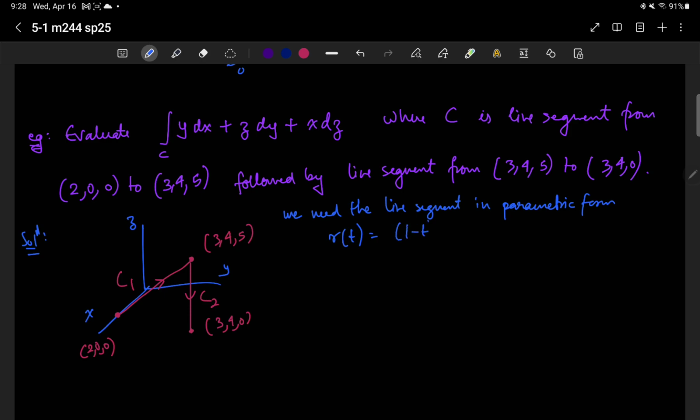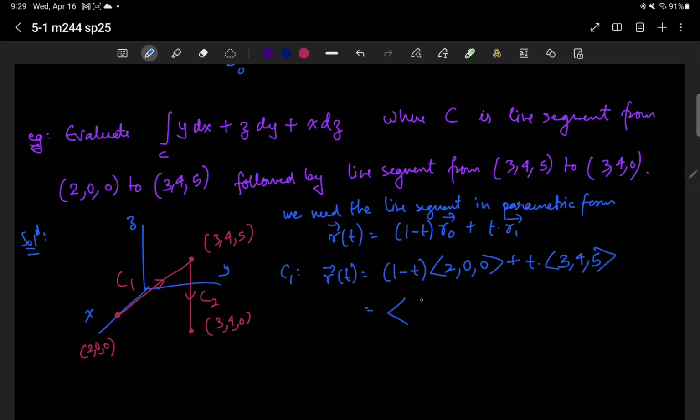r(t) is (1 minus t) r0 plus t r1. So going from, we have a name, so let me just call it C1. So C1 is going to be r(t) equals (1 minus t) times (2, 0, 0) plus t times (3, 4, 5).